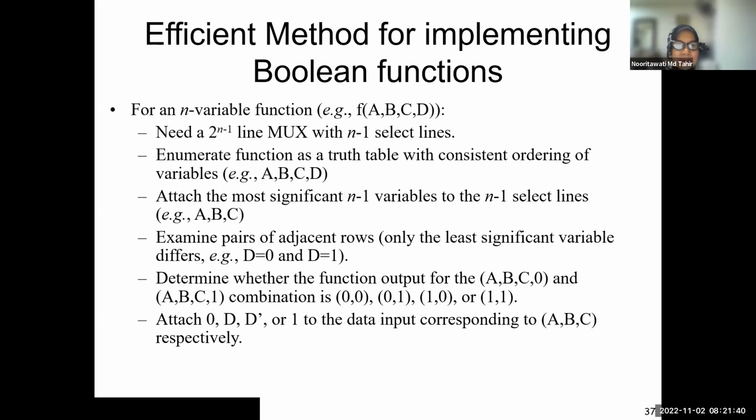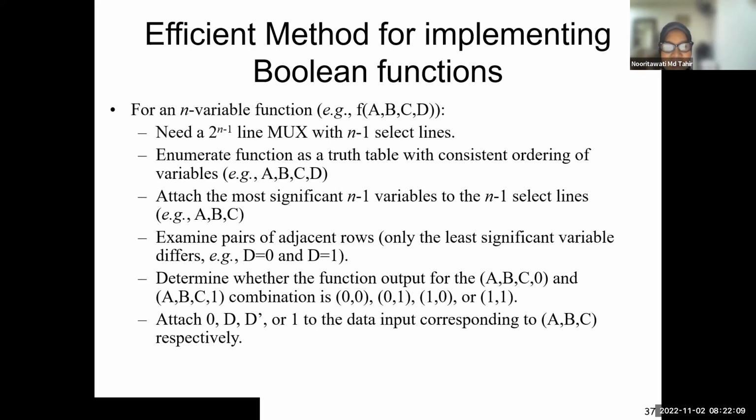Okay, so untuk implement multiplexer sebagai Boolean function, the tips that you need to know, the first thing you need to know is the number of variables of that Boolean function. Kalau 4 variables, select line dia bergantung kepada 2 ganda n bersamaan dengan 4. So di situ select line perlu ada 2.